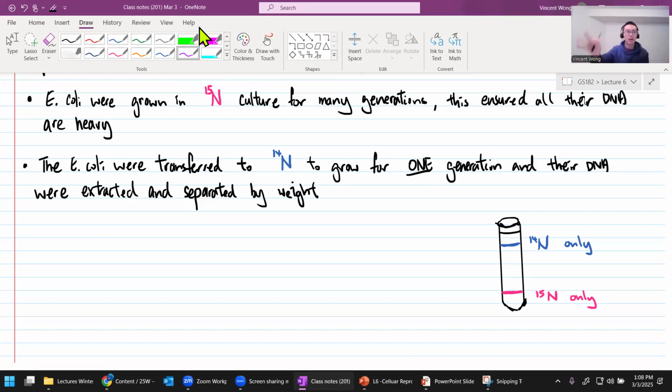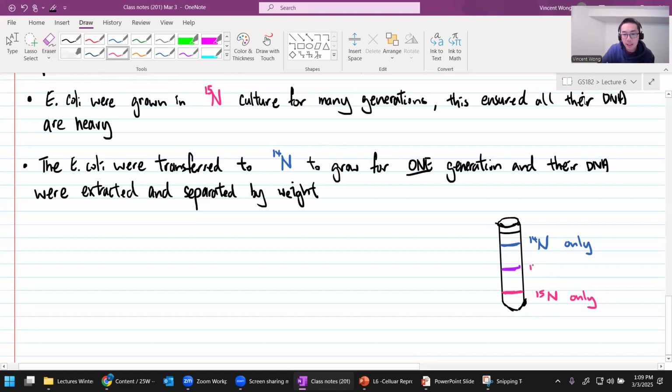But there is a third possibility. Can anyone tell me what the third possibility is? Mix, N14 and N15 mix. Yeah, exactly, right? So you might have a band in the middle. It's not as heavy as the 15 only, but not as light as the 14 only.